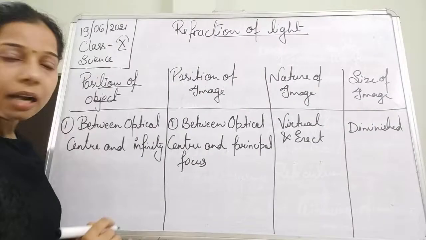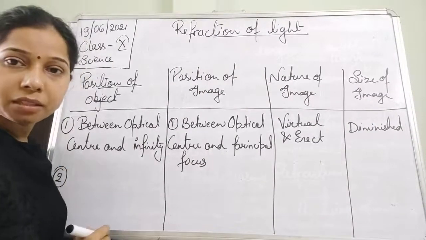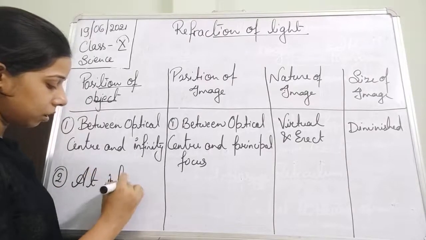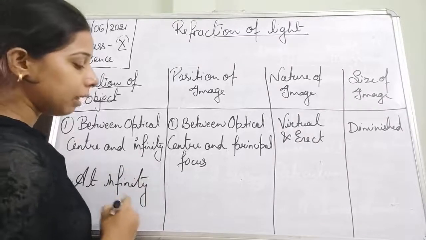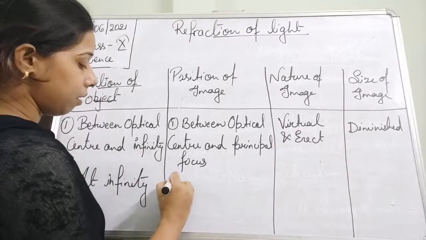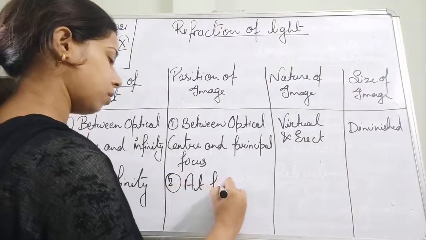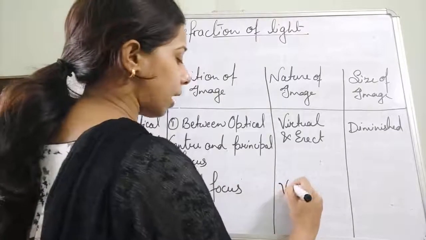The second case that we will see here, students, is when the object is kept at infinity. When we are keeping it at infinity, then the position of the image will be at focus. What will be the nature of the image? It will be virtual and erect.